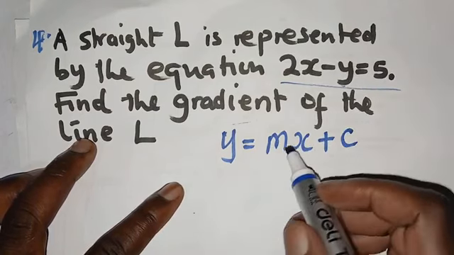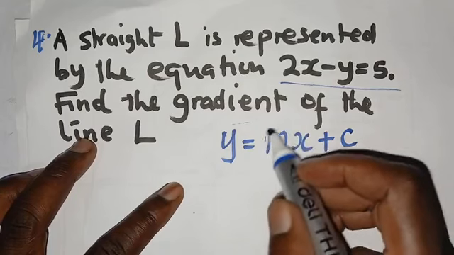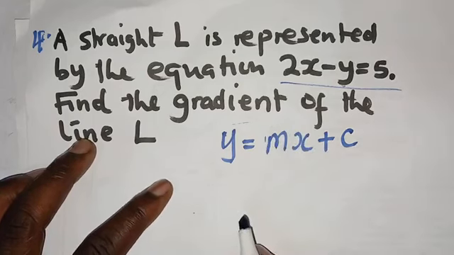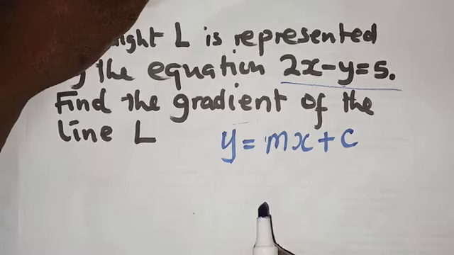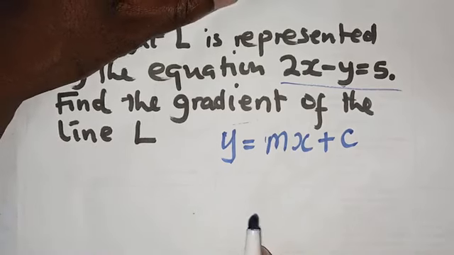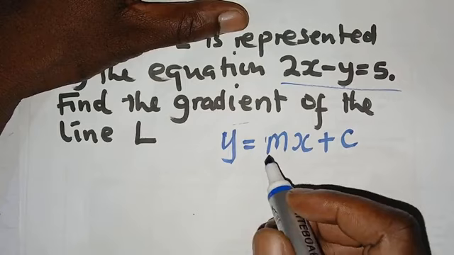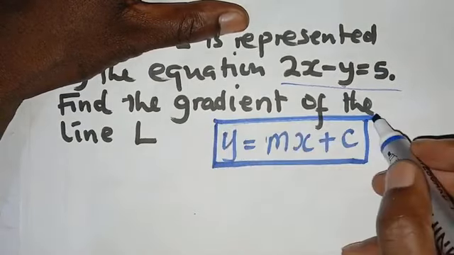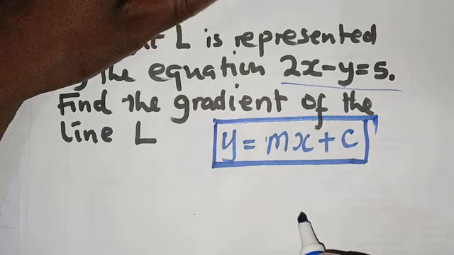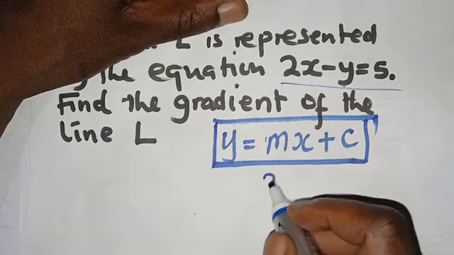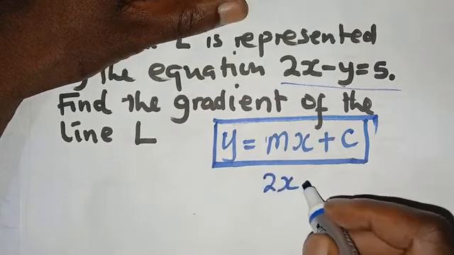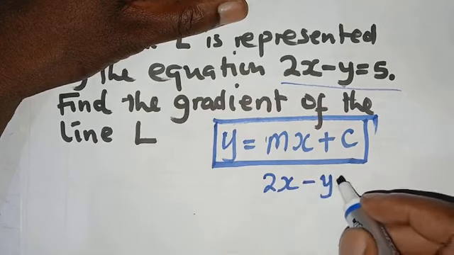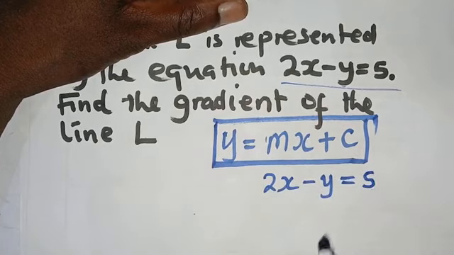Now we'll be looking at the coefficient of x, which is m, and that is going to be our gradient, ladies and gentlemen. So basically that's what we are doing. We need to write that equation in this form. So we have 2x minus y is equals to 5.